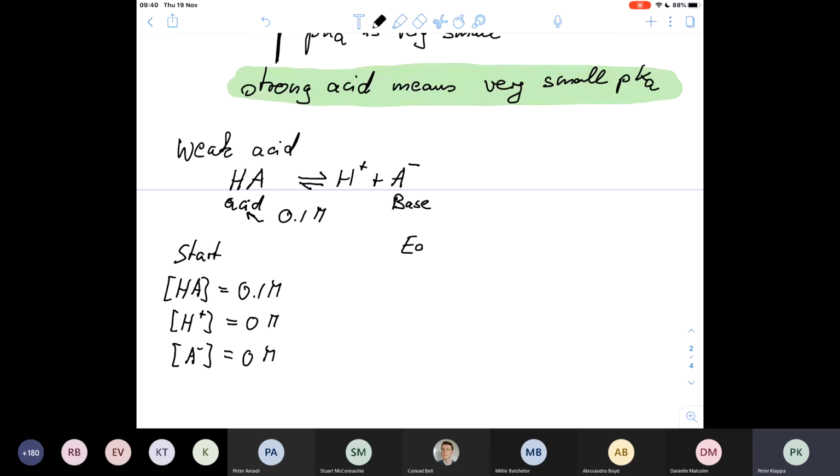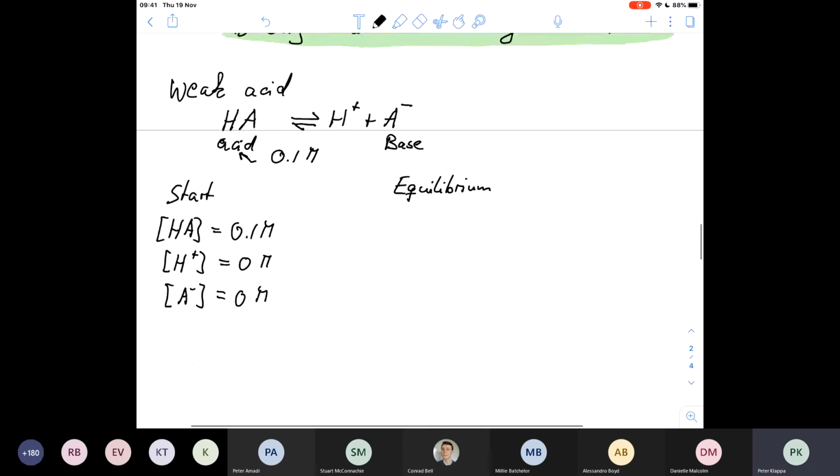At the equilibrium, what would be our proton concentration?